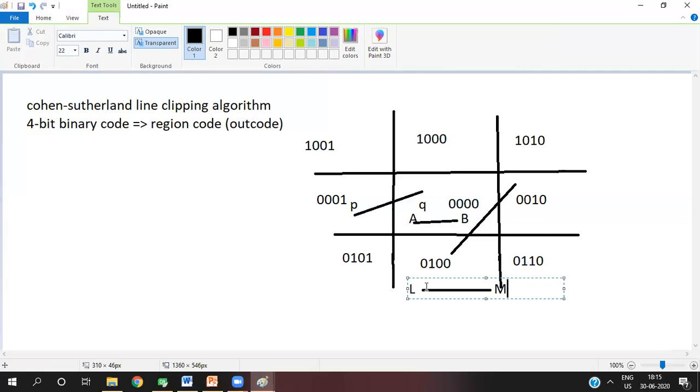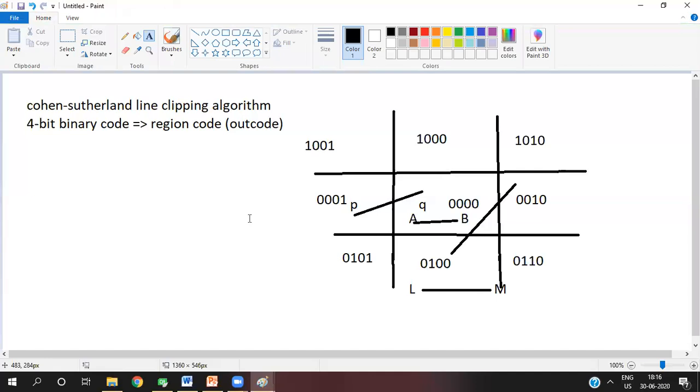AND it, 0100 and 0100. The output is 0100. So it is completely outside the window. This is the basic algorithm which we are going to perform over here.